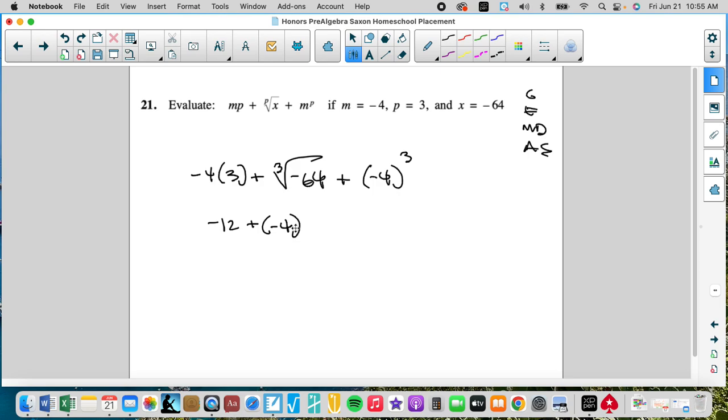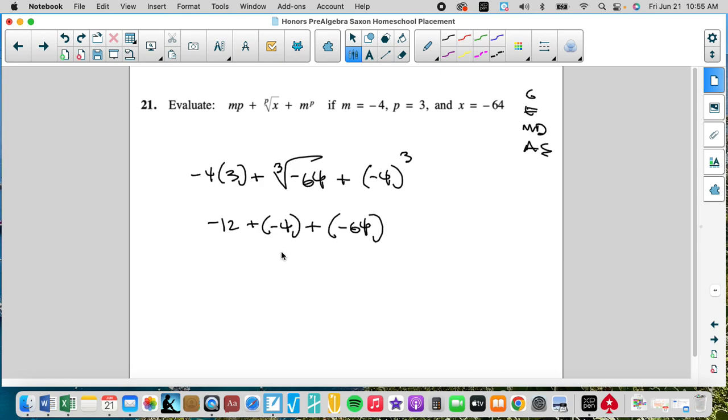And then we have negative 4 to the third. So that's negative 4 times negative 4 times negative 4, which we kind of already know is negative 64. How funny is that? So they actually work in tandem with each other. They do not cancel because we're adding and subtracting.